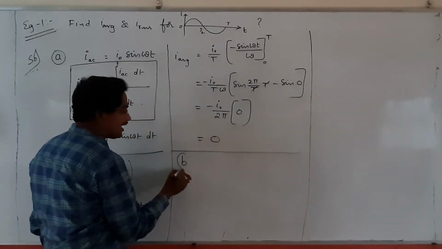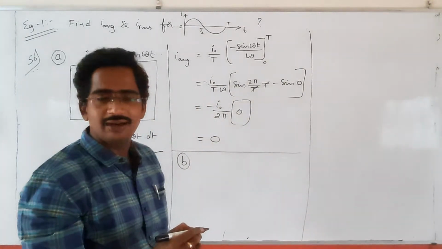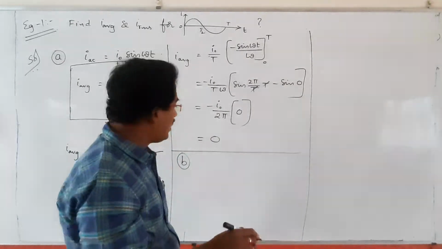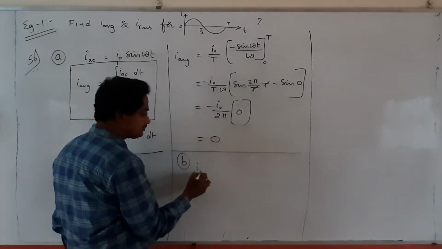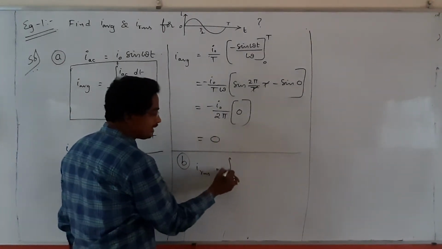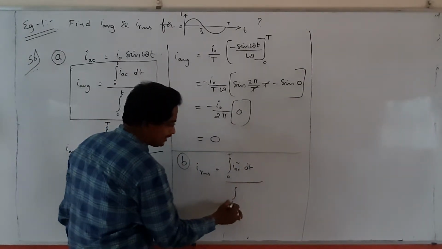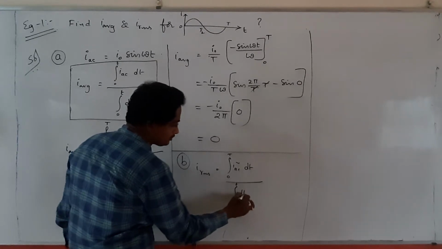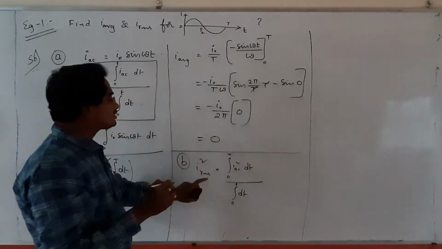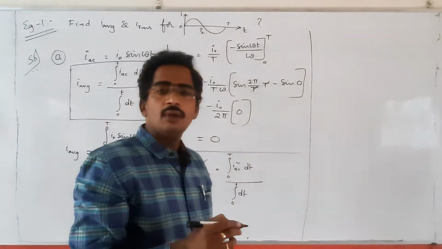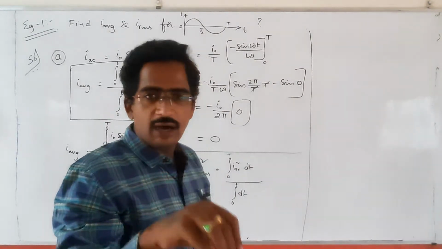Second one, what here? IRMS. What do we want to get here? IRMS. What is the IRMS value formula? Integral 0 to T IAC square dt by integral 0 to T dt. It is the IRMS square formula, right?